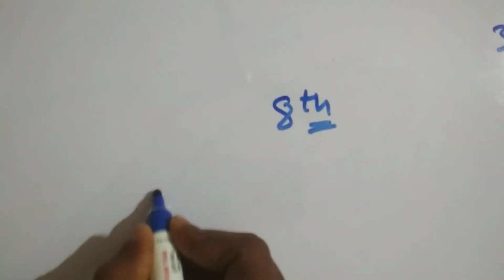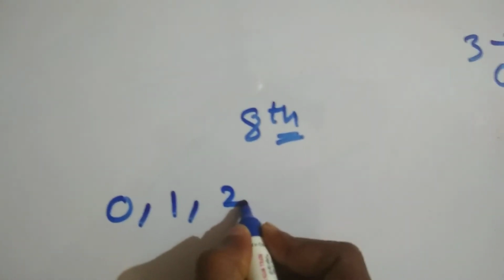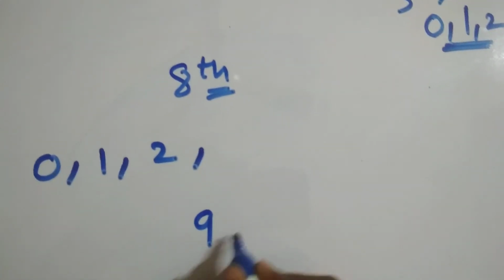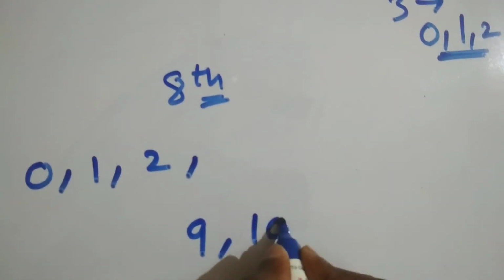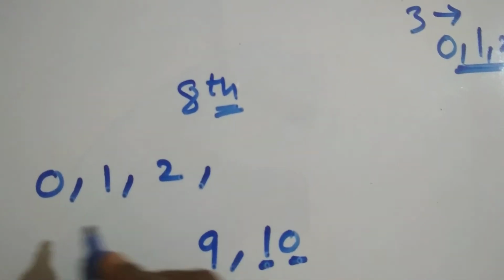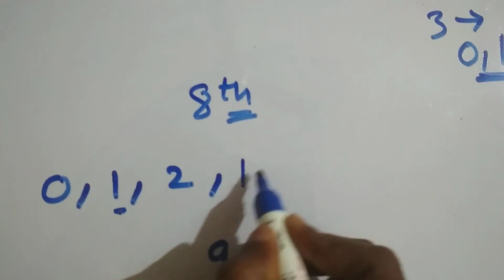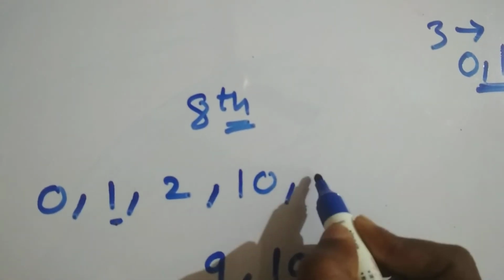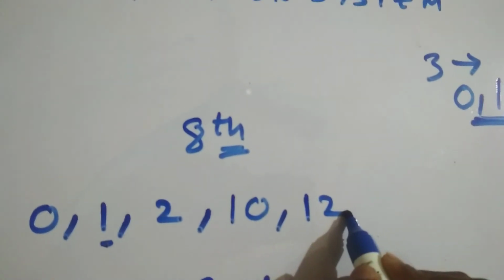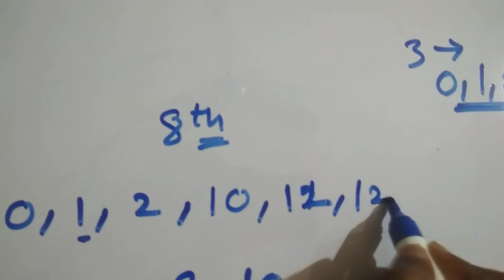As you can see, the first number is 0, the second number is 1, the third number is 2. In decimal, after 9, what you do is you go for 10. How did 10 come? By taking 1 and 0 again. Similarly over here, use 1 and 0. It's 1, 0. Next, 1, 1. Next, 1, 2.